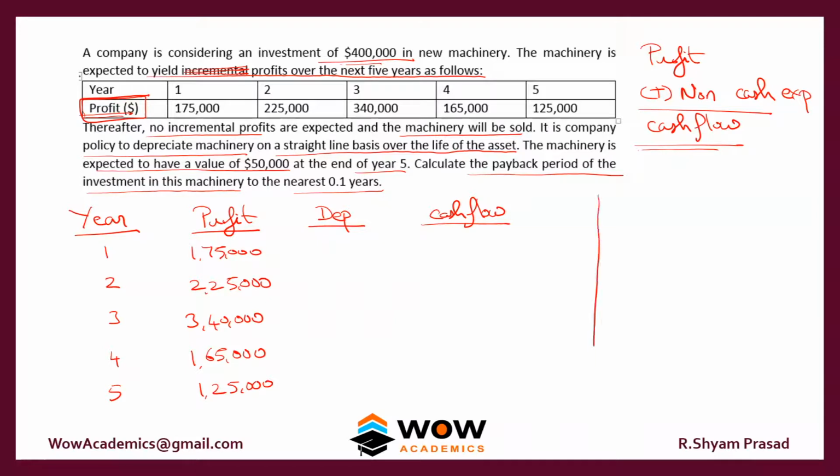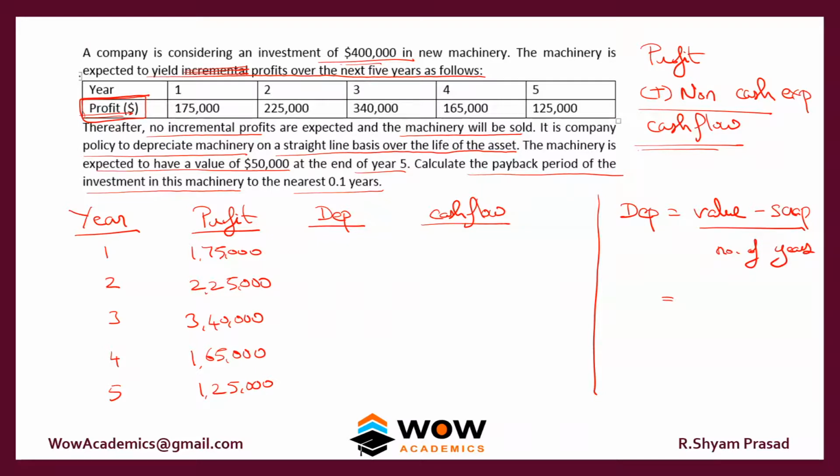So we have to add the depreciation. Our depreciation, we'll do a separate calculation here. So depreciation equals the value of the machinery minus scrap, divided by the number of years of the machinery.